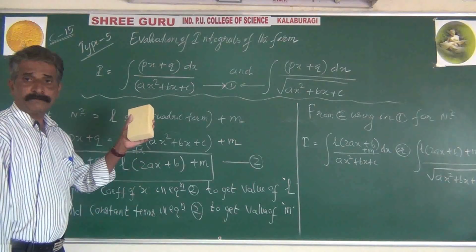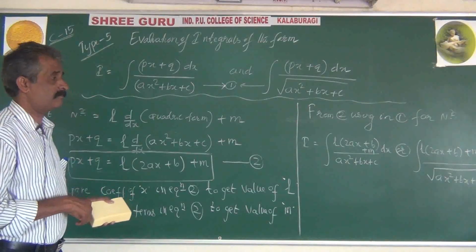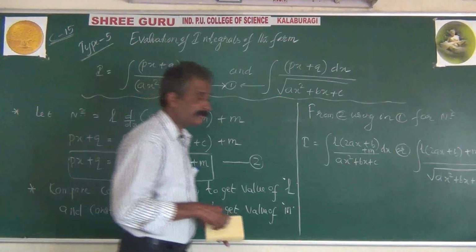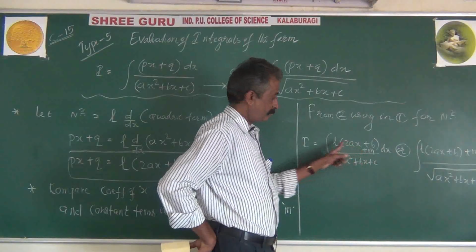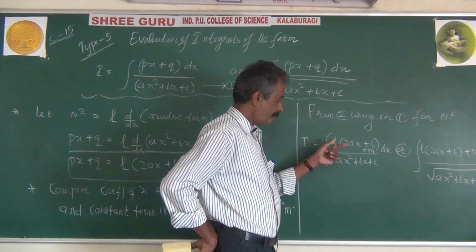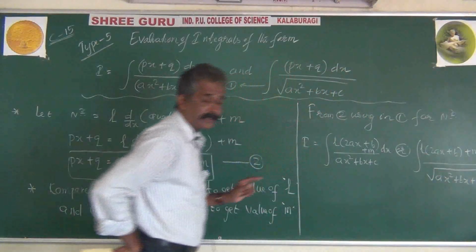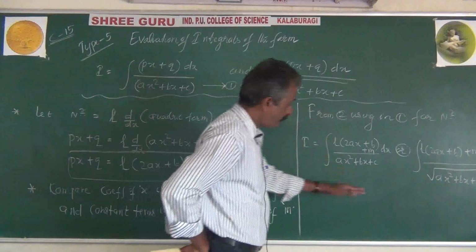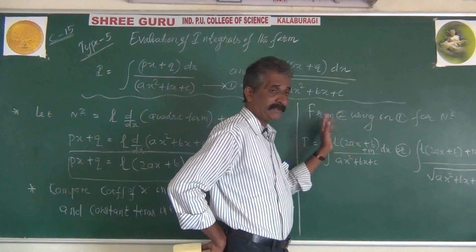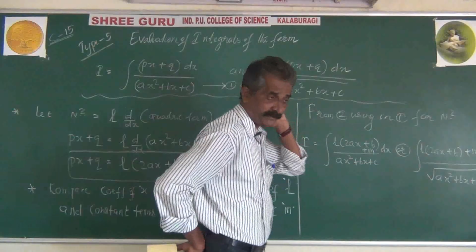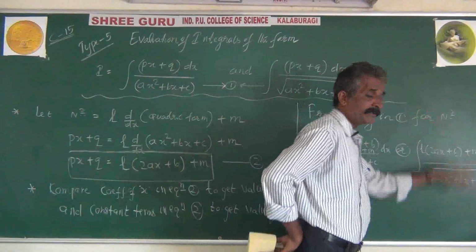The next coming steps I summarize at once, meaning I merge them. Next step: substitute the values of L and M, maybe in this case or this case. After putting the values of L and M, separate the terms, because what is A plus B by C? A by C plus B by C. So substitute the values of L and M and separate the terms.